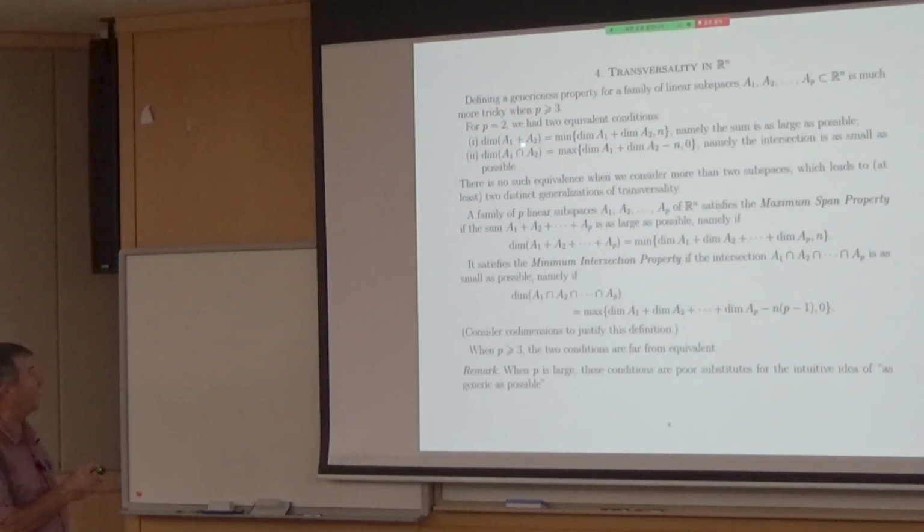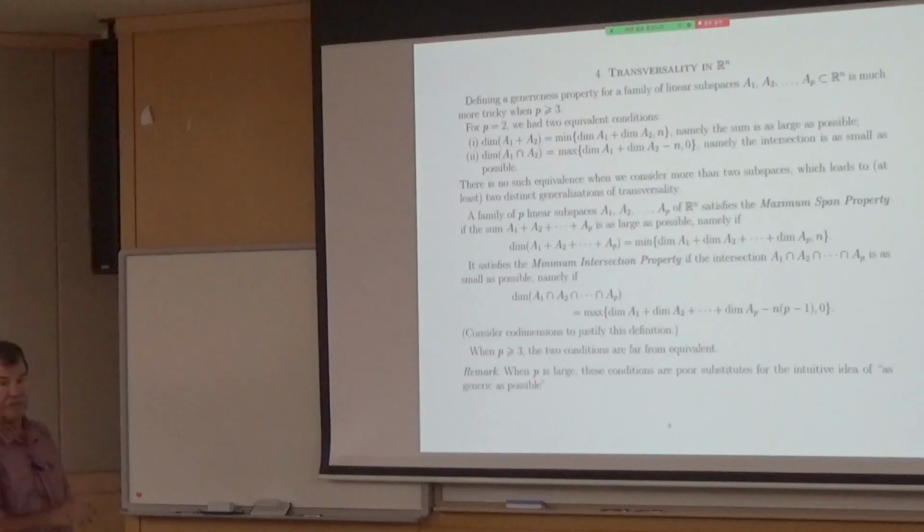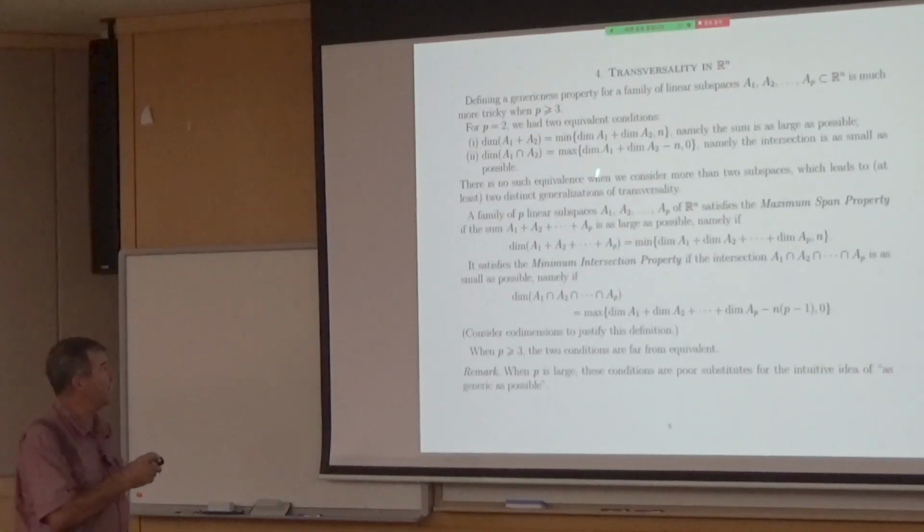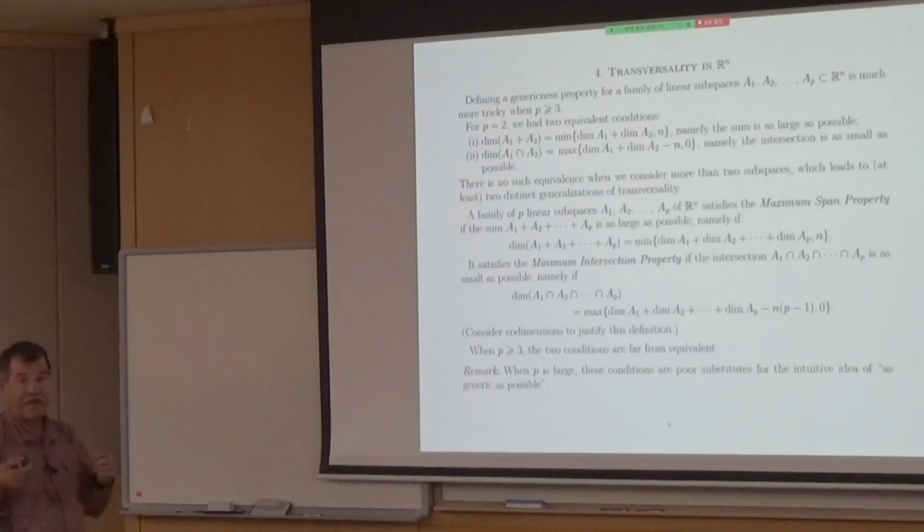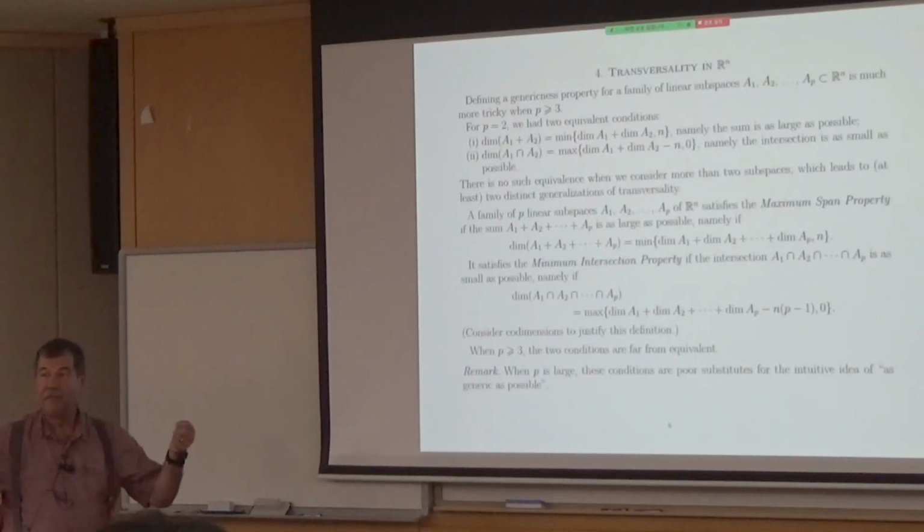One was that the sum of the two spaces is as large as possible. And the second one was that the intersection was as small as possible. And they were equivalent. But when you have three spaces or more, you have many more possible definitions.